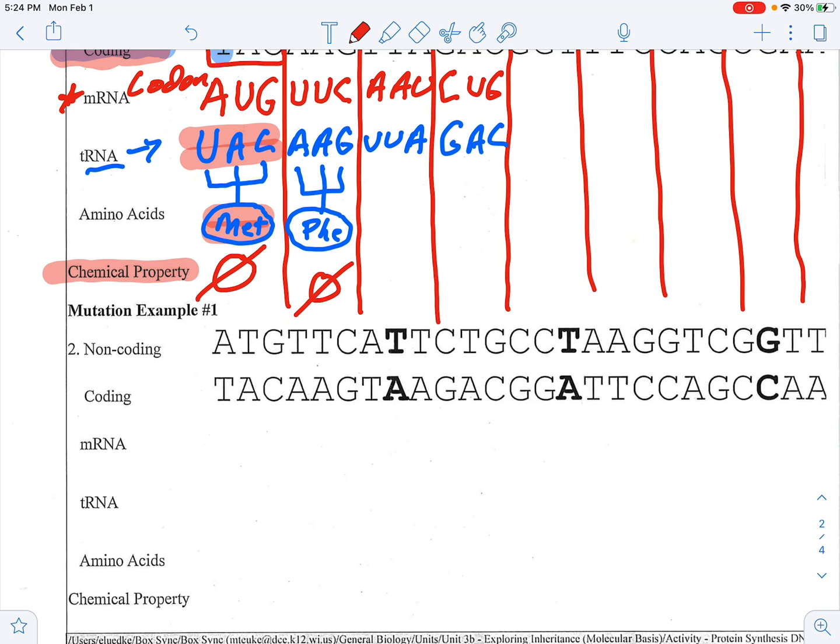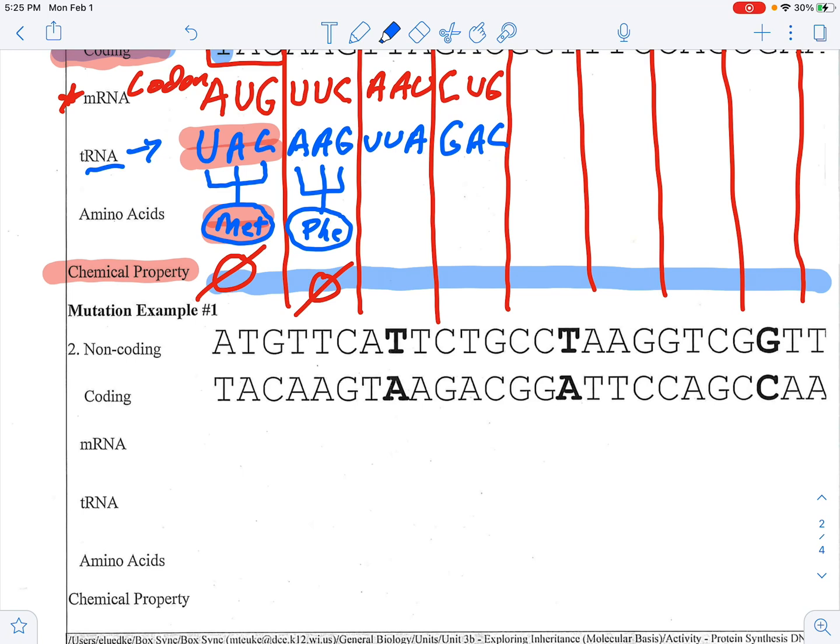What you're going to get is a pattern of charges across here. And it is that pattern of charges that is going to cause the protein to fold a certain way. That is incredibly important because that's going to cause the protein to be a certain shape.